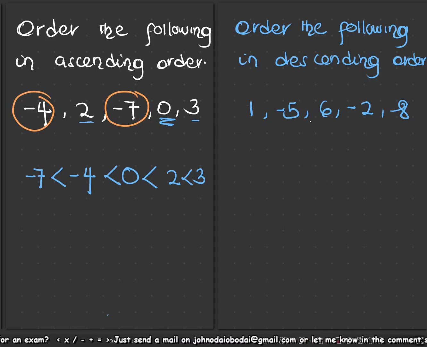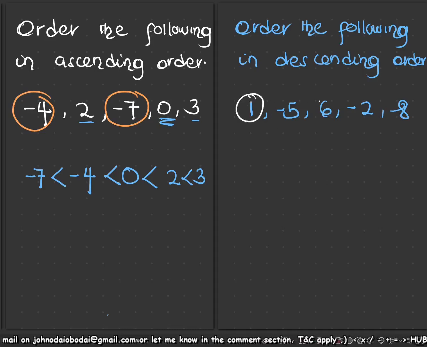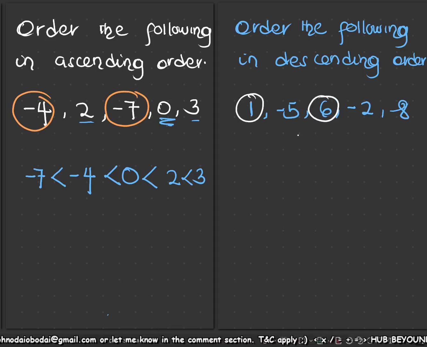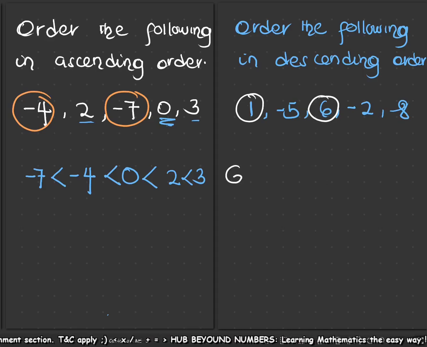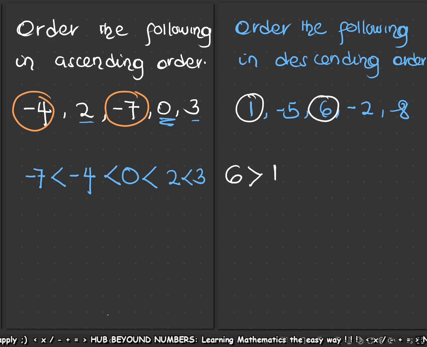And looking at all the integers we have here, we know for sure that the biggest integers are the positives. So we can consider 1 and 6 to start with. For 1 and 6, we know that 6 is always the biggest. So 6 is greater than 1.